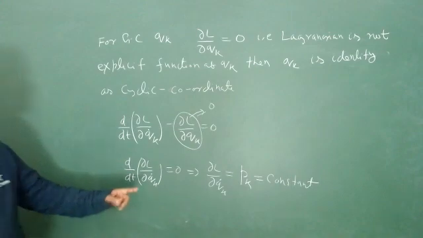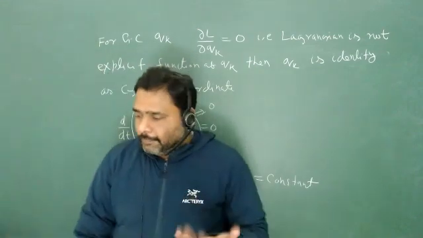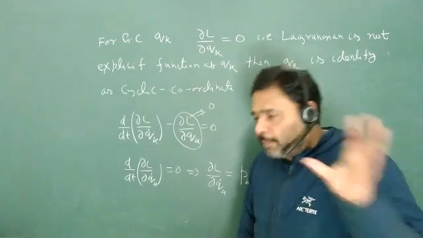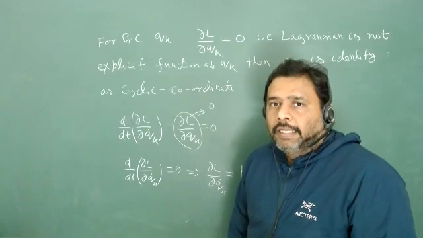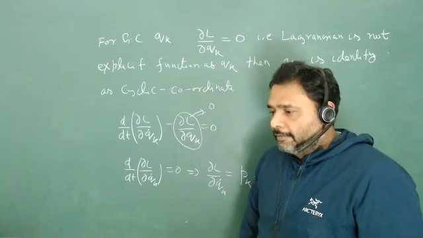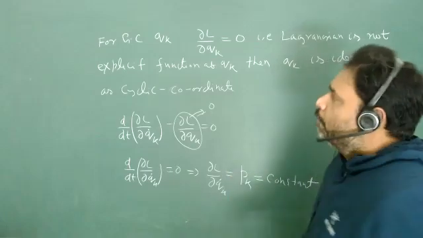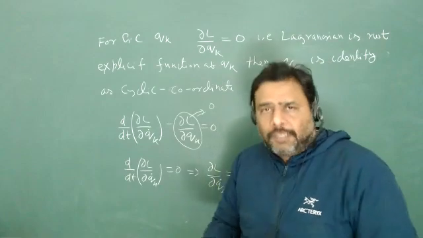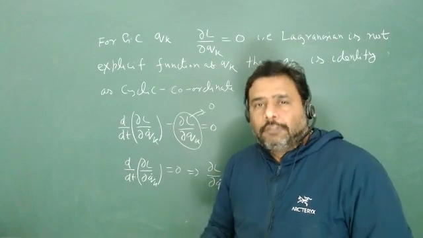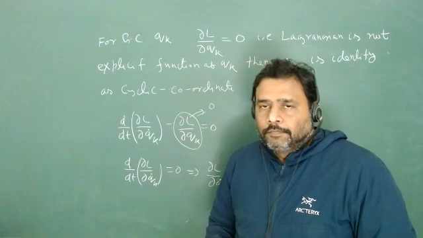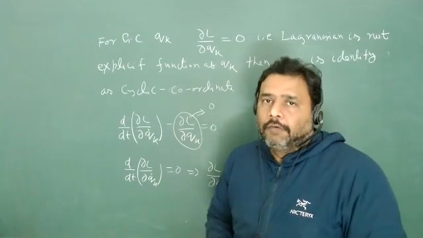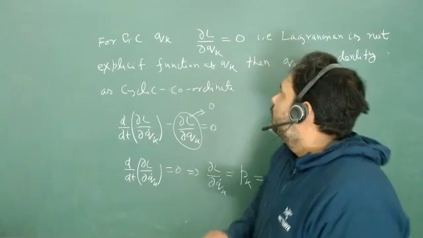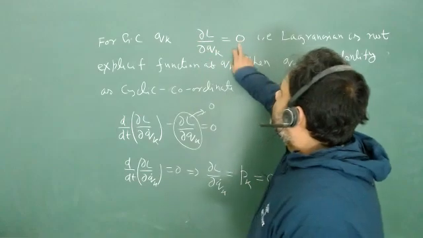So if qk is a cyclic coordinate, the generalized momentum corresponding to qk is conserved, it is constant. So you can have conservation of momentum or angular momentum, depending on the dimension of qk. How will you check whether it is a cyclic coordinate or not? Just check whether del L upon del qk is equal to 0.